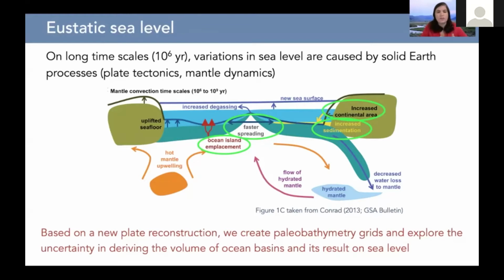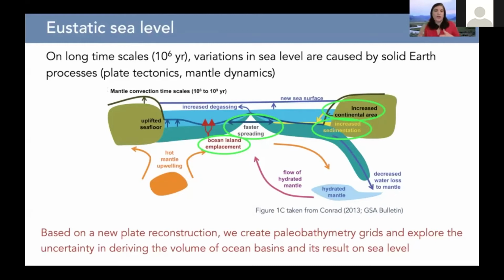We, of course, looked at the seafloor spreading component, but we also wanted to understand the influence of back arc basins on the seafloor spreading record, and therefore on the component to sea level change. We looked at the influence of these back arc basins and marginal seas, particularly because they're quite difficult to capture in older reconstructions.